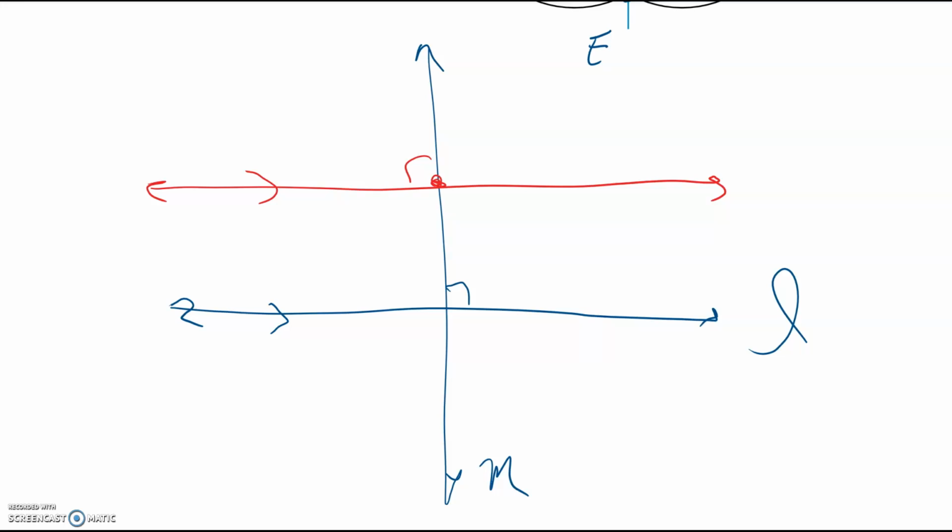And we'll call this red line, line N. So I know that L and N are parallel because they're both perpendicular to this same line M.